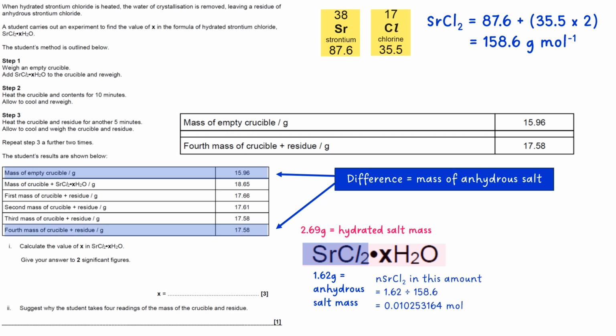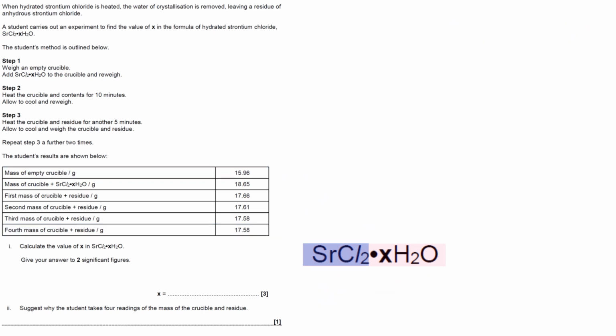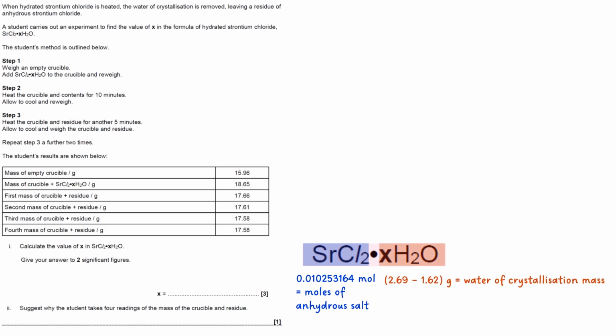So the number of moles of strontium chloride in our 1.62 grams of anhydrous salt is 0.010253164, keeping my calculator value. The next thing to do after that is to concentrate on the XH2O.